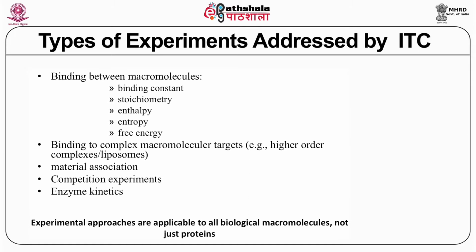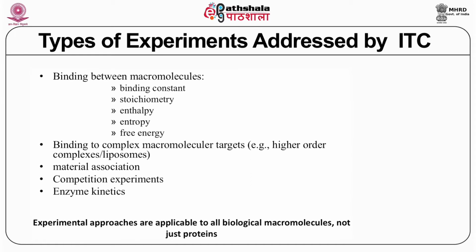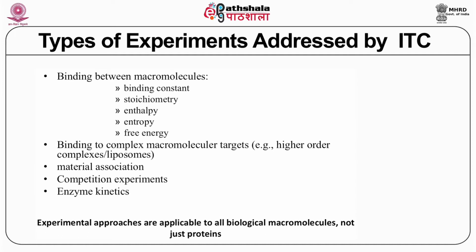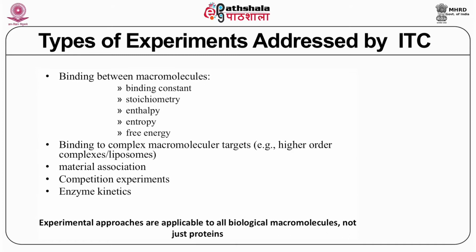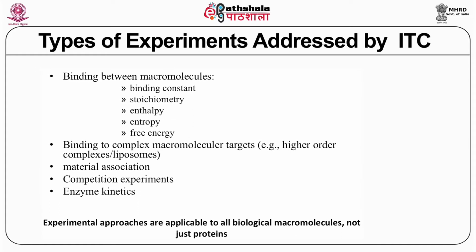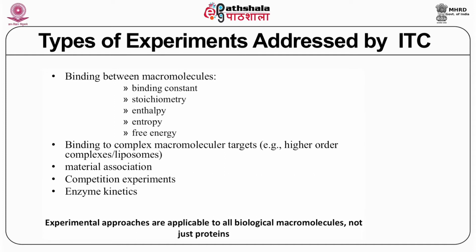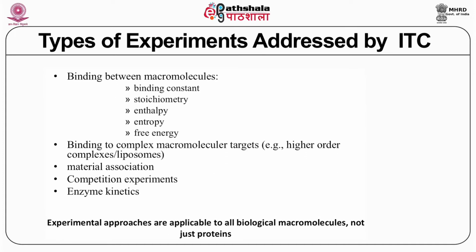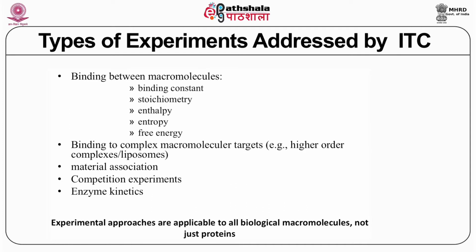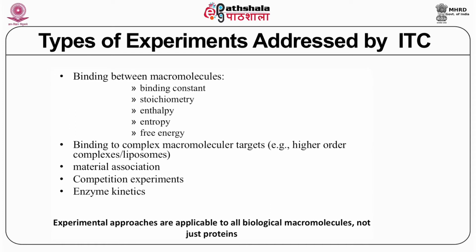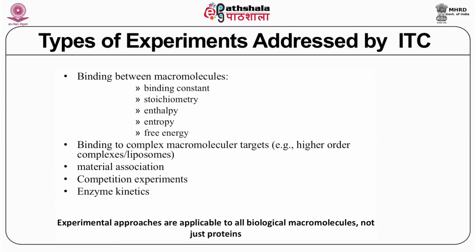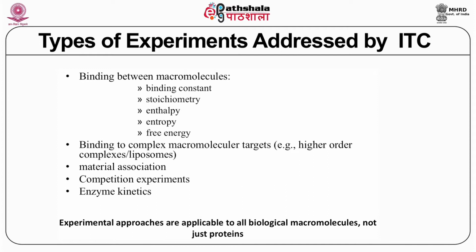Also you can determine the stoichiometry, that is the ratio of A to B in a reaction, how many molecules of protein and how many molecules of ligand are bound. Then you can determine the enthalpic changes, and based on the enthalpy you can also determine the entropy. Using enthalpy and entropy, obviously you will determine the free energy. So between macromolecules you can determine binding constant, stoichiometry, enthalpy, entropy and free energy.